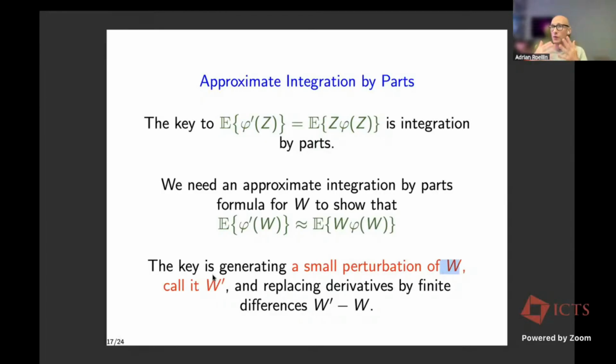And then we try to work with that and hope that we can get an approximate integration by parts formula, or calculations in the spirit of integration by parts, to derive these kinds of identities. So that's one of the first key insights of Stein: let's work with a small perturbation, auxiliary randomization, to extract information out of W.